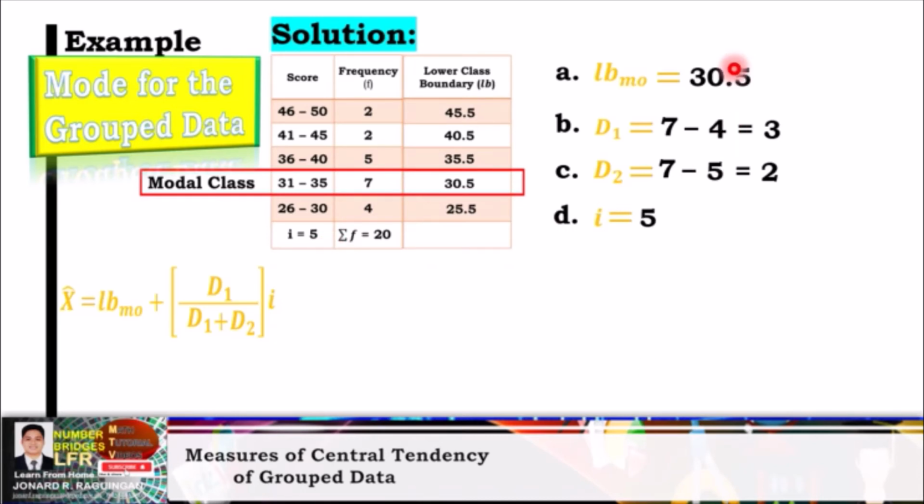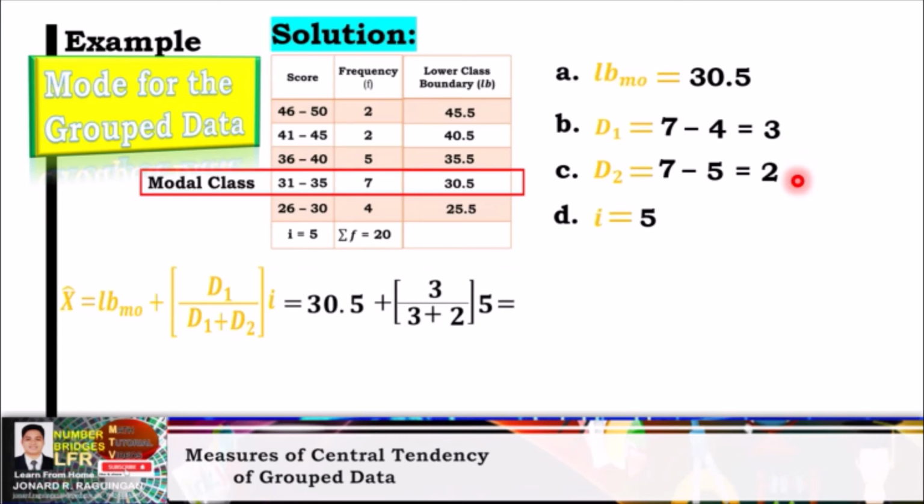Then substitute the values into the formula. That is, the value of the lower boundary of the modal class is 30.5 plus the value of your d sub 1 is 3 all over the value of d sub 1, which is 3, plus the value of d sub 2, which is 2, times the class interval, which is 5.